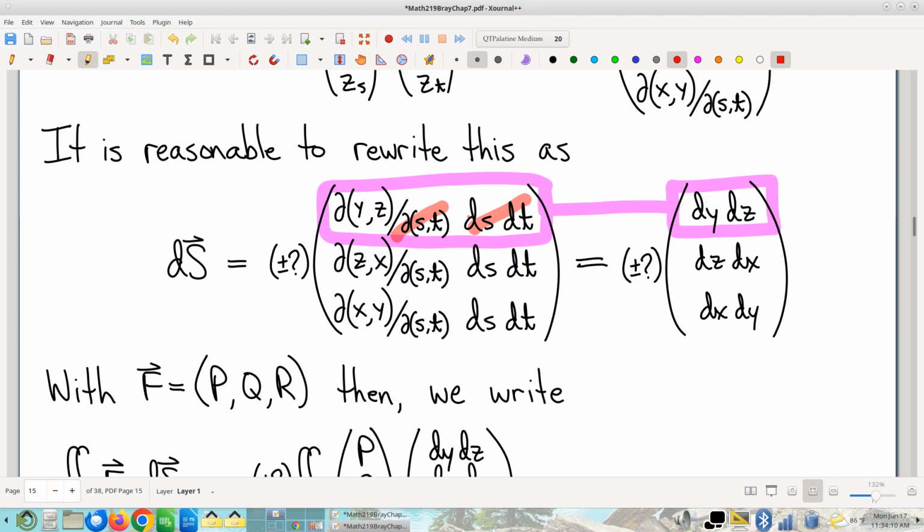Now, if you want to come to my office hours, I'd be happy to flesh this out. There is a great geometrically natural way to view this as literally being a two-dimensional change of variables. Those of you who came and talked to me about that previously may see what I'm talking about. But if you're interested, come talk to me. Otherwise, we're just going to rewrite these like so.